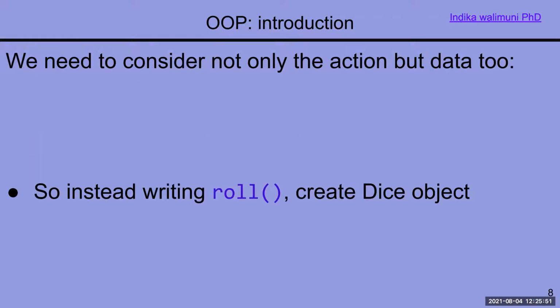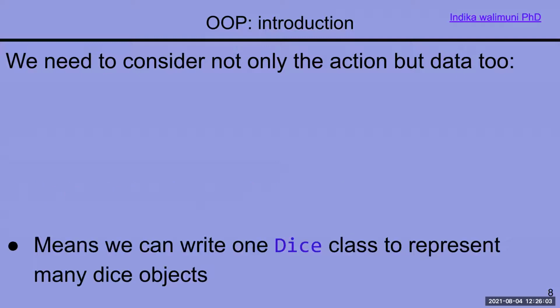So instead of just writing a roll function, we can create a dice object with the method roll attached to it. All right. So that means we can write one dice class to represent many dice objects. Okay.